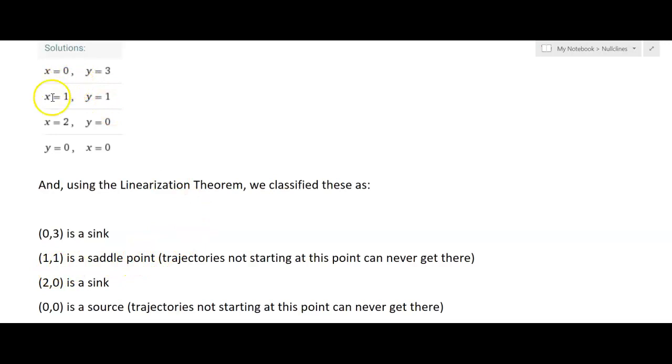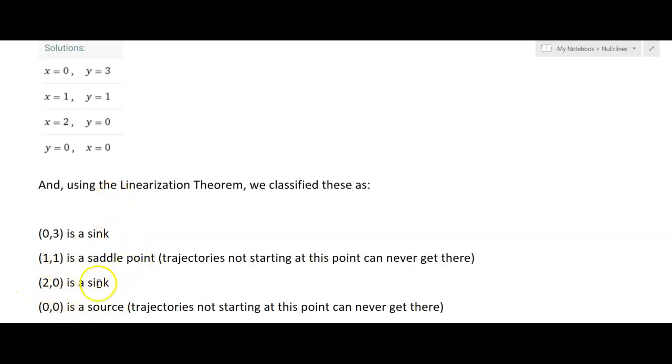(1, 1) was a saddle point, and so a saddle, remember, along one straight line solution, the trajectory gets attracted towards that equilibrium point, but the fact that you have a positive eigenvalue sort of kicks it back out. So trajectories not starting at this point can never get there. (2, 0) we classified as a sink.